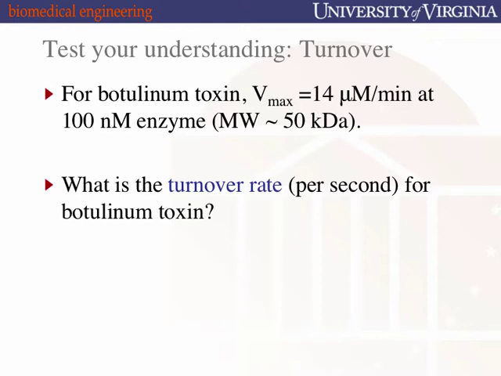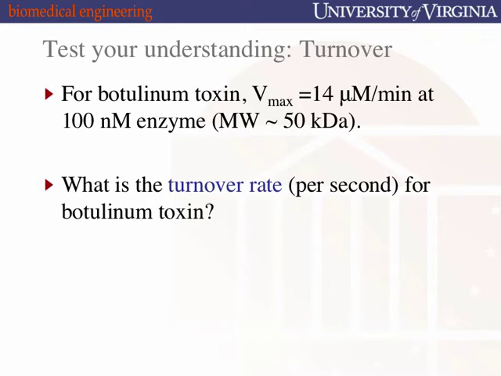All right, so micromolar cancels, minute cancels. 14 divided by 0.1 is 140; you just move the decimal place over 1. Divided by 60 gives us about 2.33 product per second.